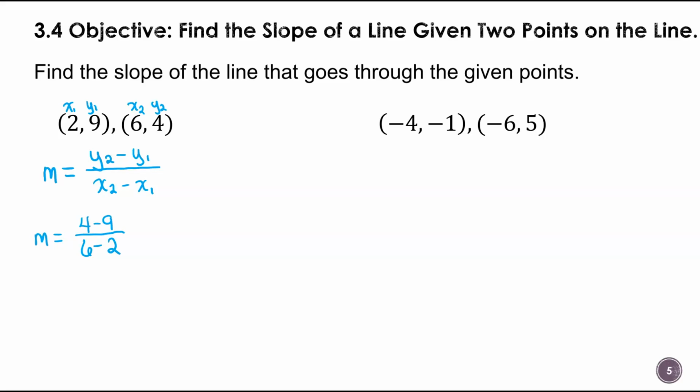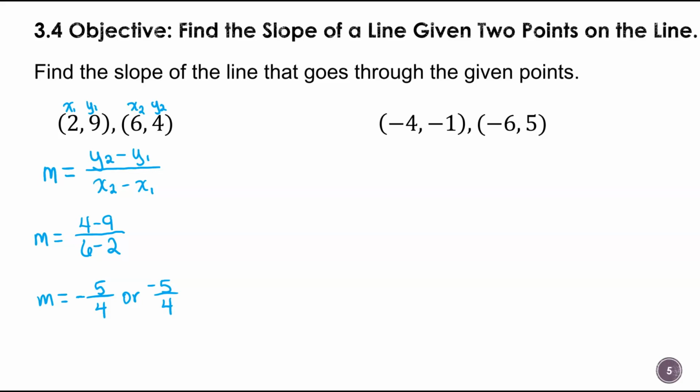And that's important. And then we just simplify, so we have negative 5 over 4. So I have a slope of negative 5/4. You can put the negative out front or on the 5. Usually we don't put the negative in the denominator, but it would mean the same thing as far as the value. It would still be a negative 5/4.